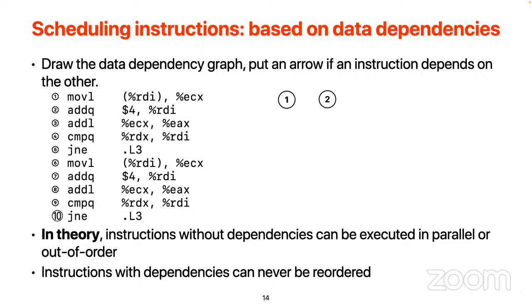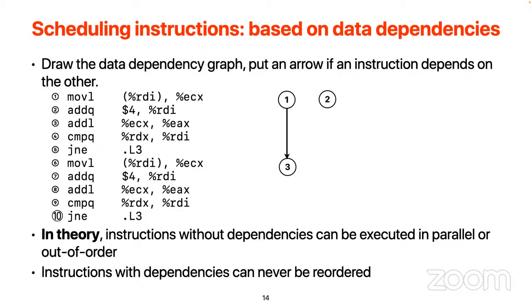So now let's look at instruction 3. Does it have any relationship with instruction 1 or 2? Yes, with 1, on ECX. So let's have an arrow from 1 to 3, meaning that these two instructions have a dependency, and the direction of the dependency is that 3 will be waiting for the result from 1.